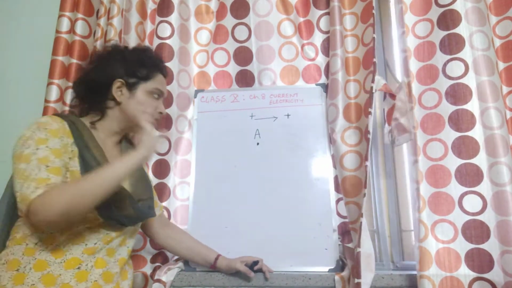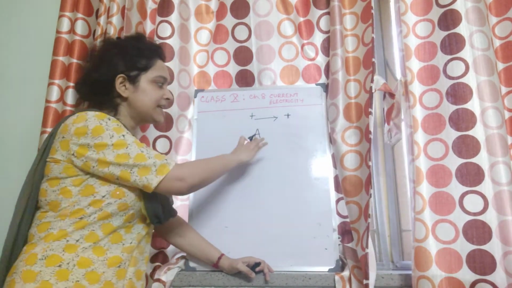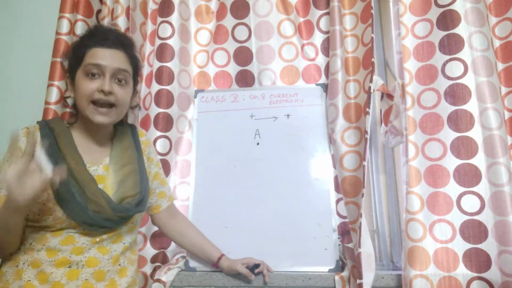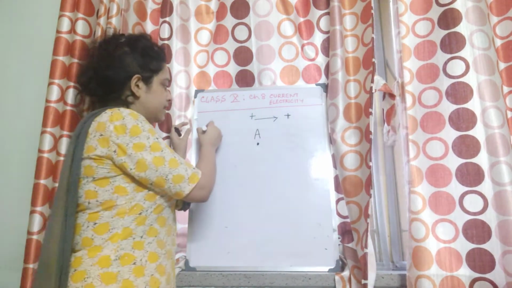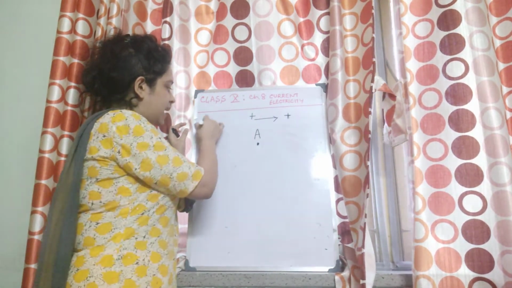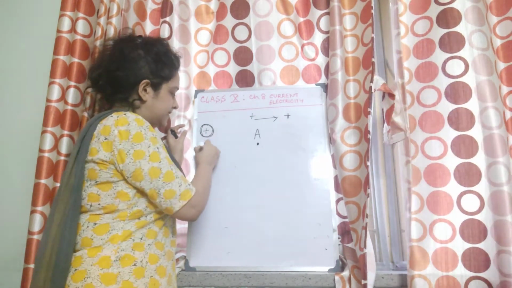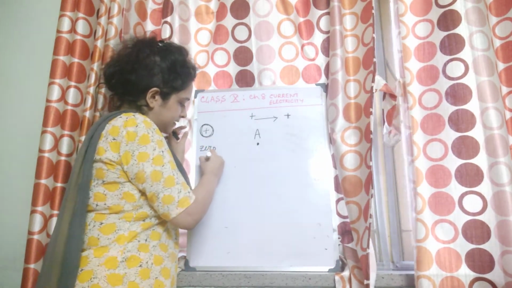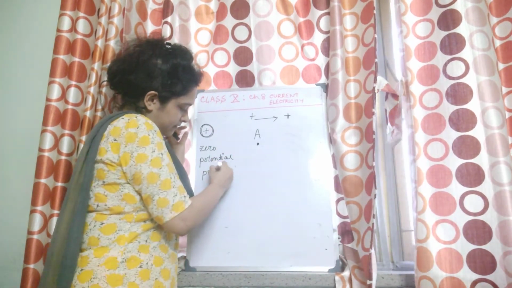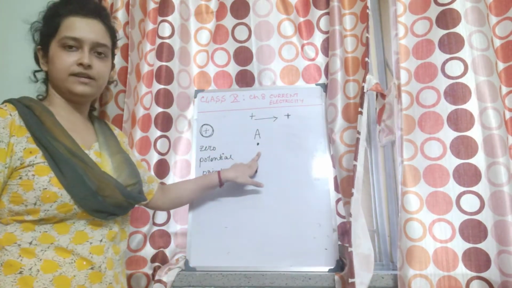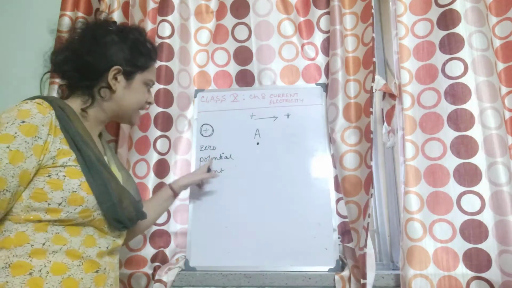So, potential at a point A is defined as the work done in bringing a positive test charge from a zero potential point to this point.